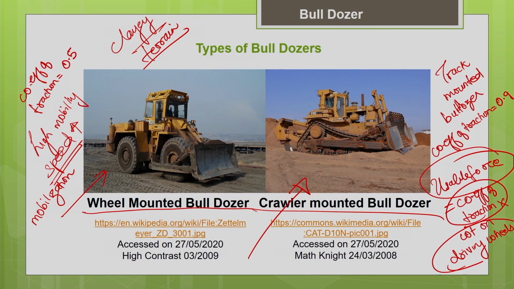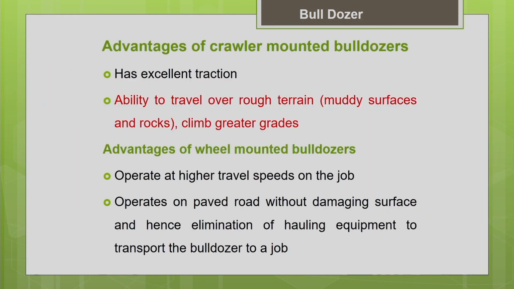And similarly for poor underfoot conditions, for clayey terrain, muddy terrain or rocky terrain, because in the rocky terrain you cannot use your tires, that will damage your tires. So you have to go for this crawler mounted. Similarly, if you want to climb a very steep terrain, it will be easier to use a crawler mounted machine when compared to wheel mounted machine on steeper slopes. So all these things you should note when you select your machine.